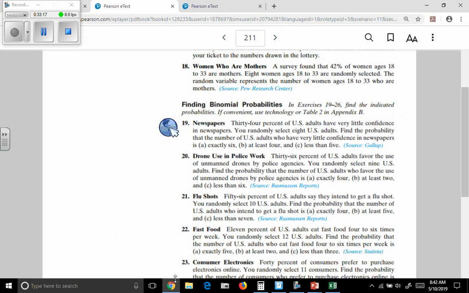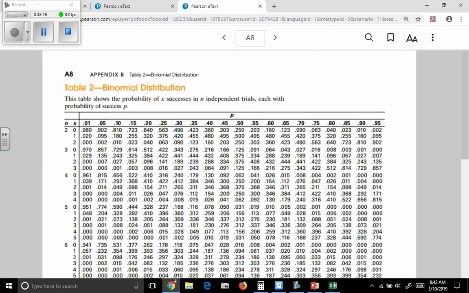But we have what is known as a binomial distribution table, but it only deals with certain values of p. If p is any of these values, then we can use this table to figure out those probabilities of success, those binomial probabilities.